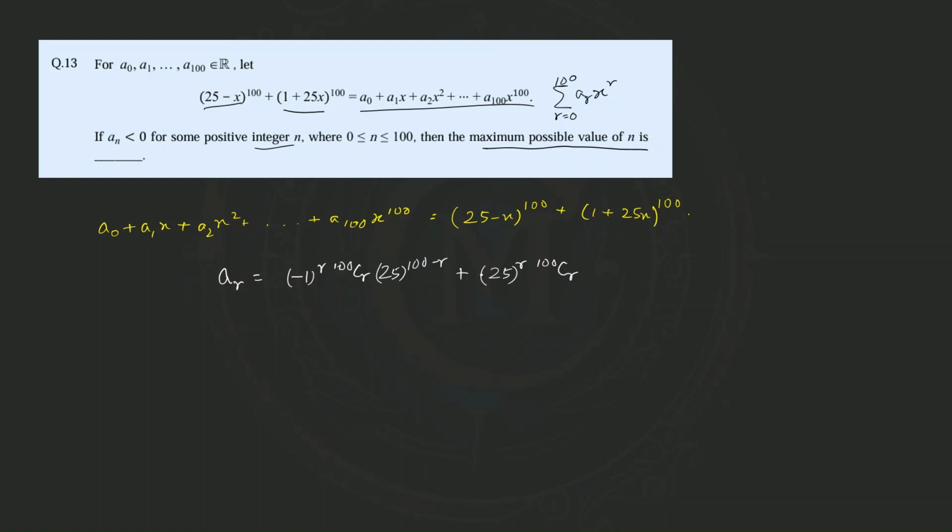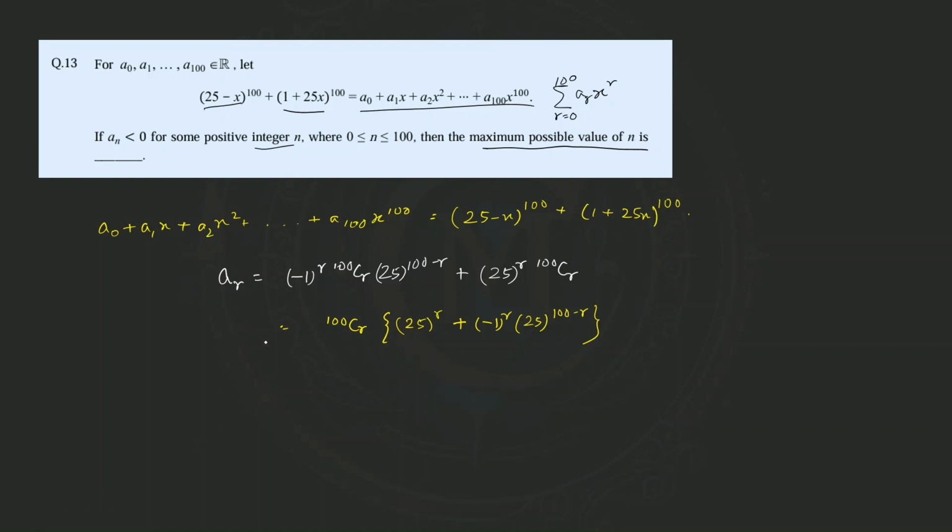This will be the coefficient of x to the power r in the second expansion. That means if we simplify, we can take 100 cr as common, and then we can write this as 25 to the power r plus minus 1 to the power r times 25 to the power 100 minus r.